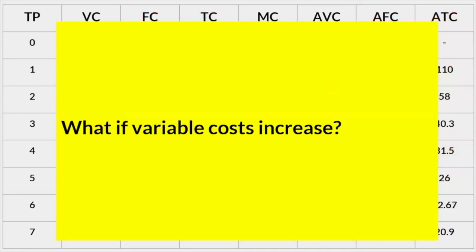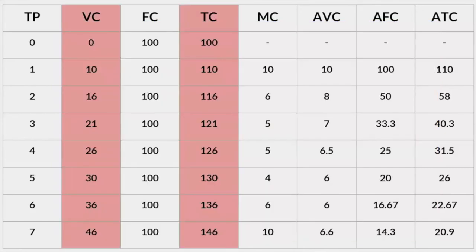All right. So what happens if our variable costs increase? Well, if our variable costs increase, our total cost is also going to increase, which yet again should make sense. If our variable cost plus our fixed cost equals our total cost, then if our variable costs increase, obviously to balance our equation, our total cost should also increase.